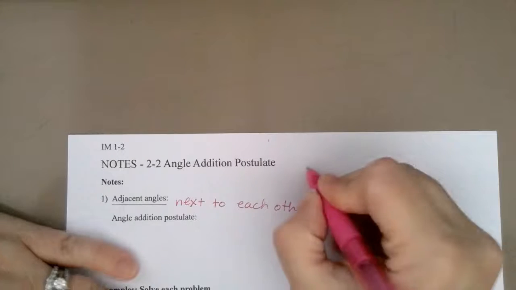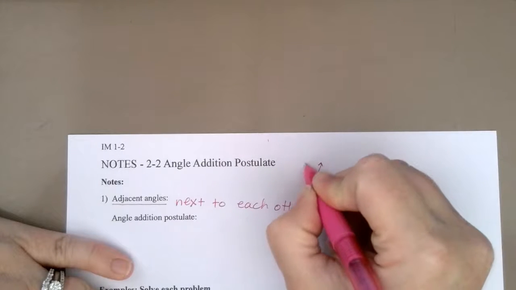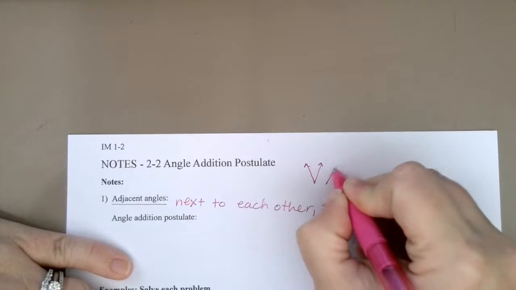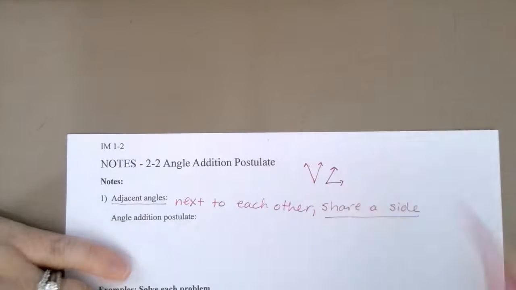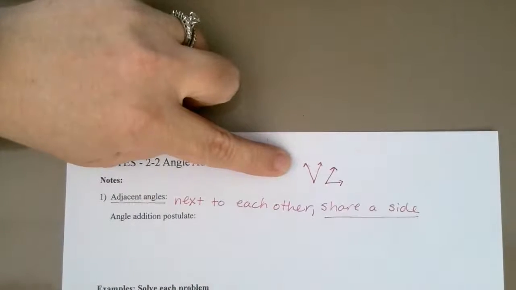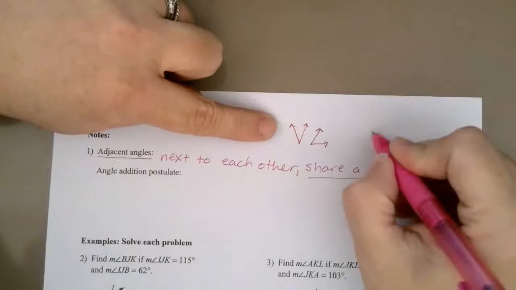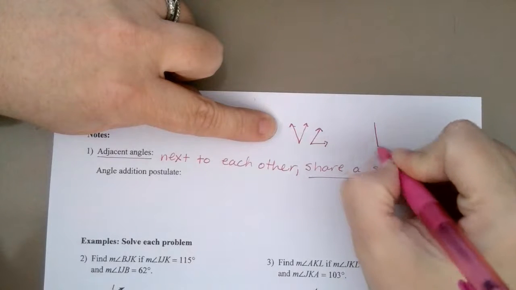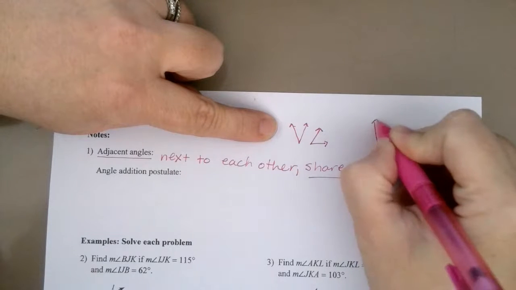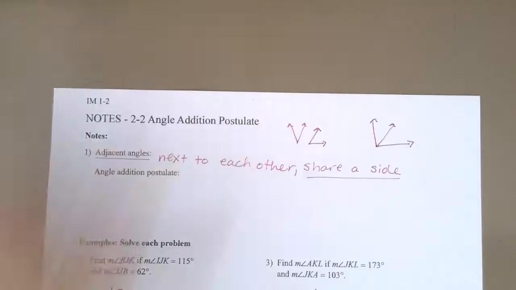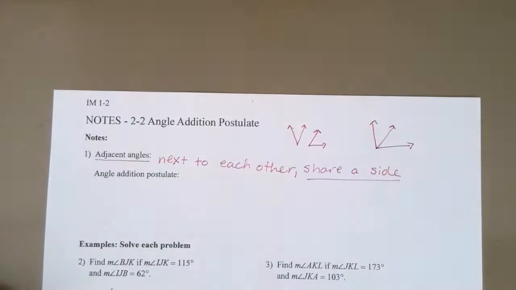So for example, if I have an angle there and an angle here, those are next to each other, yes? They're not adjacent though because they're not sharing a side, okay? Adjacent angles that share a side would be something like that, okay?